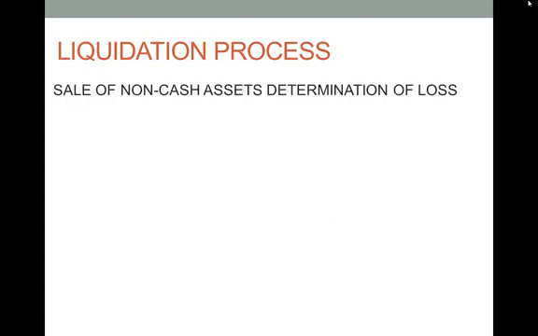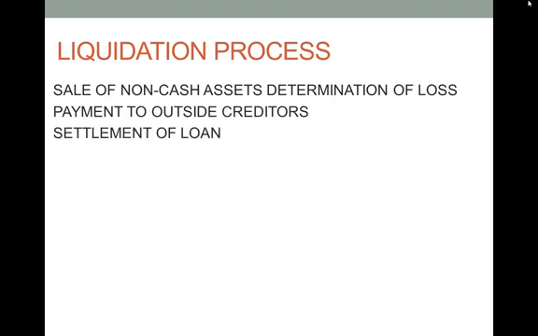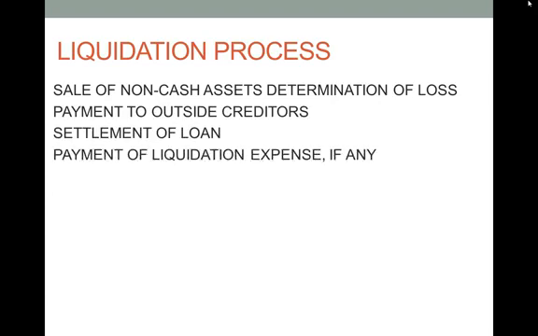Now let's proceed to the installment liquidation process. Like in lump sum, it's the same, except this time there is an addition. First, again, sale of non-cash assets, determination of loss, payment to outside creditors, settlement of loan, payment of liquidation expense, if any.